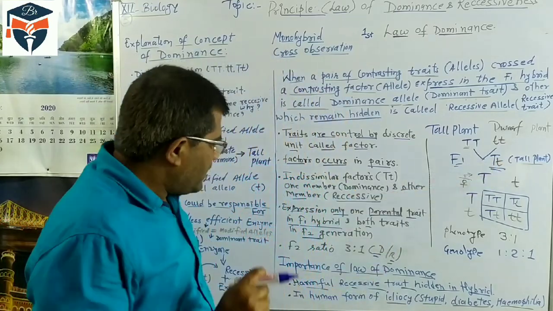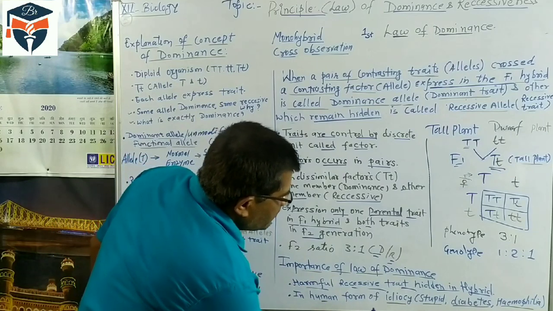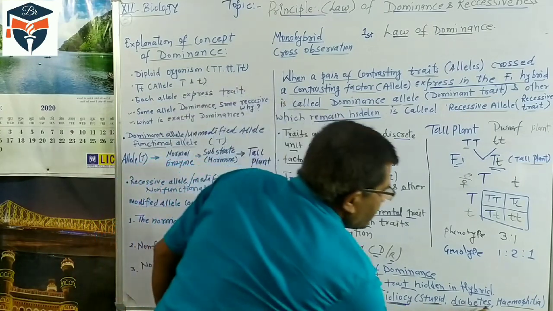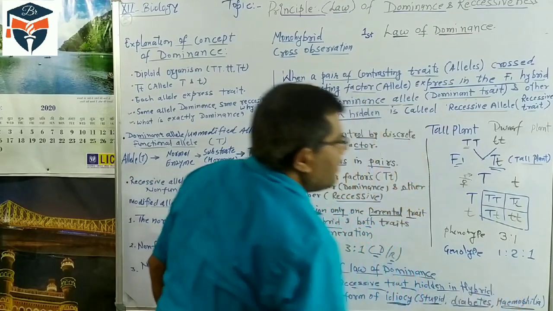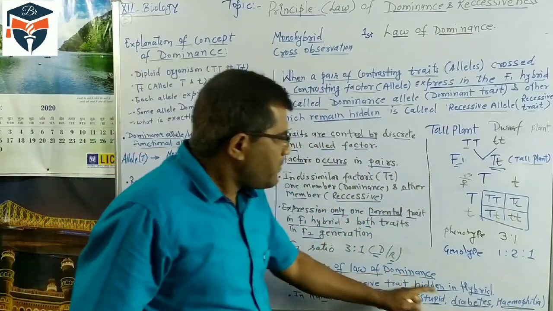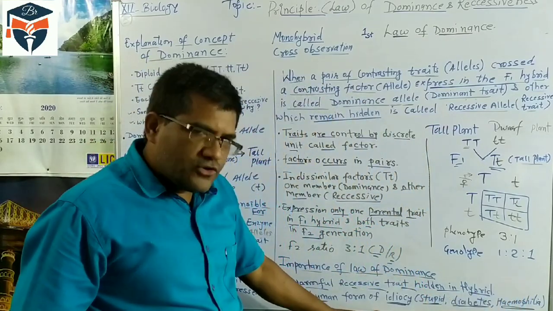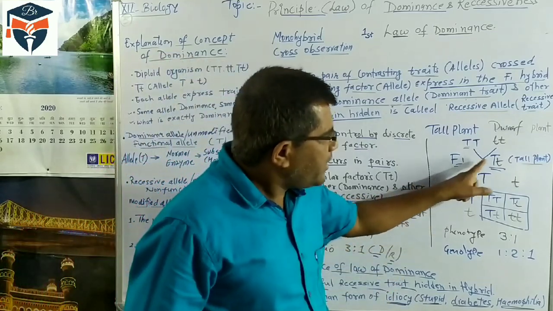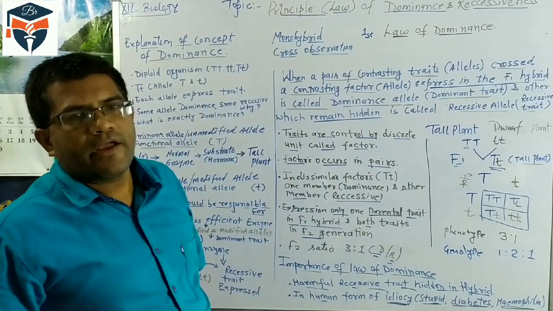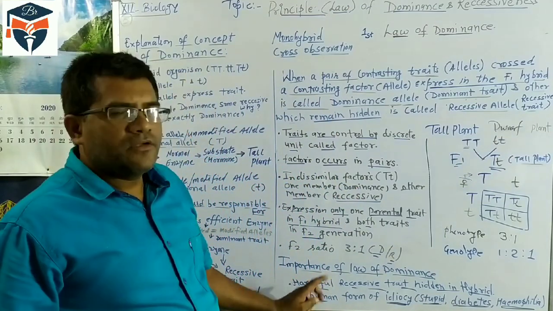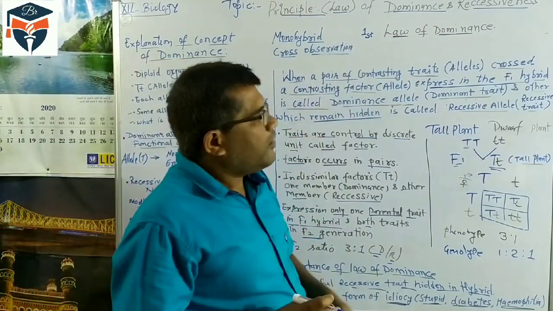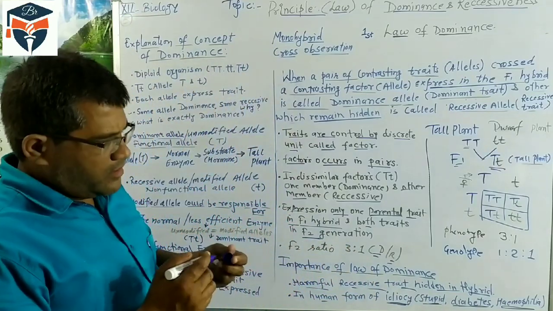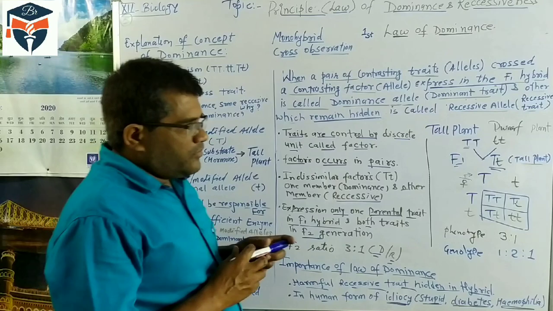Such characters in human beings are, for example, idiocy, diabetes and hemophilia. These are recessive traits, and they do not express in the heterozygous progeny. So this is the importance of the law of dominance.